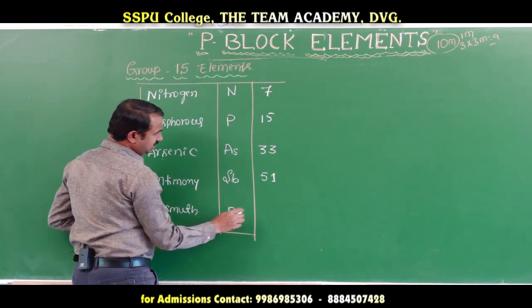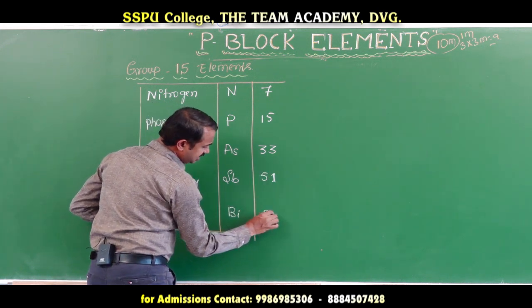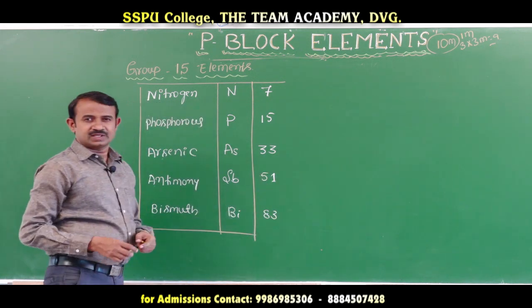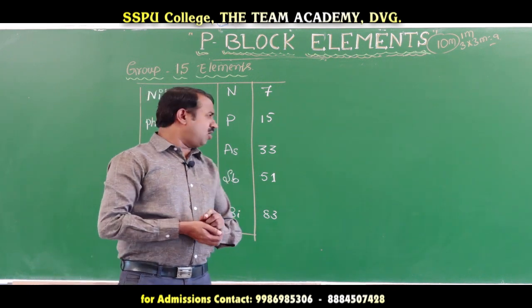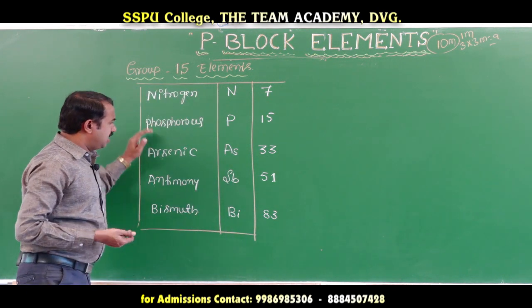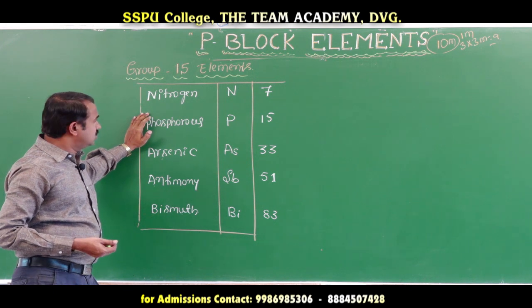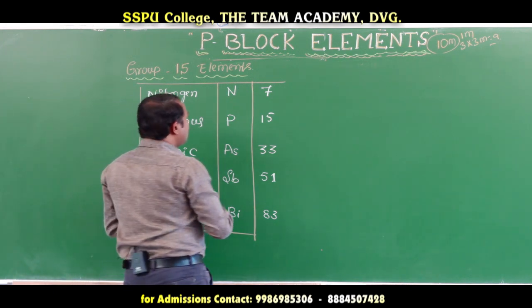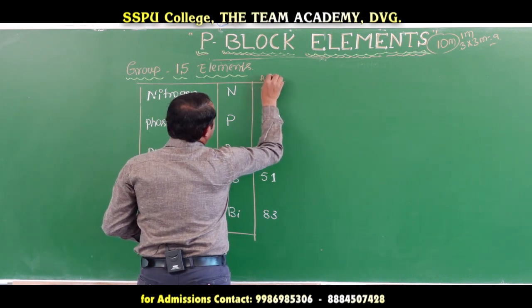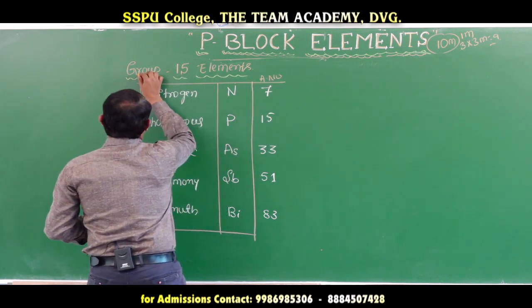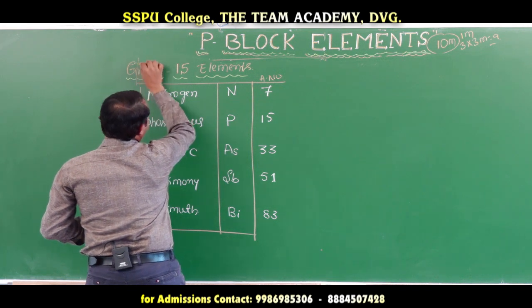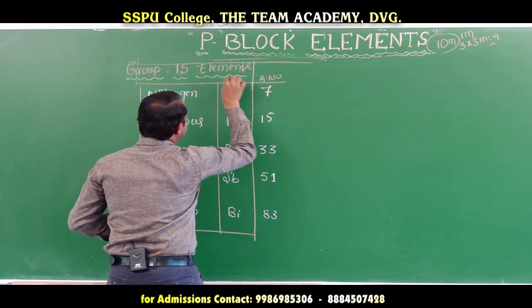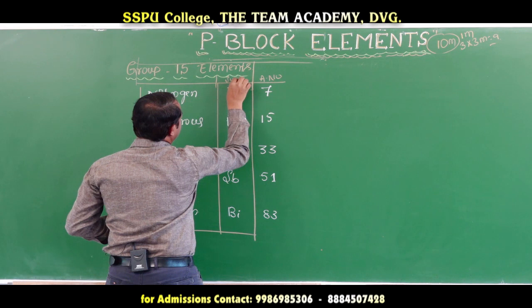Bismuth's atomic number is 83. Next we will go for electronic configuration. This is the atomic number of group 15th elements, and this one is the symbol.